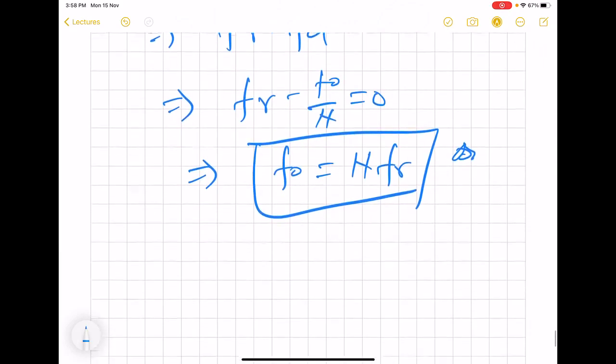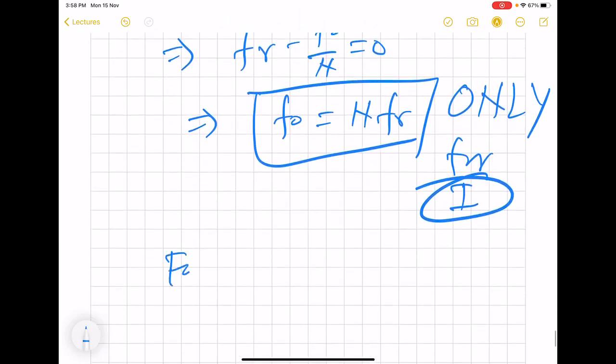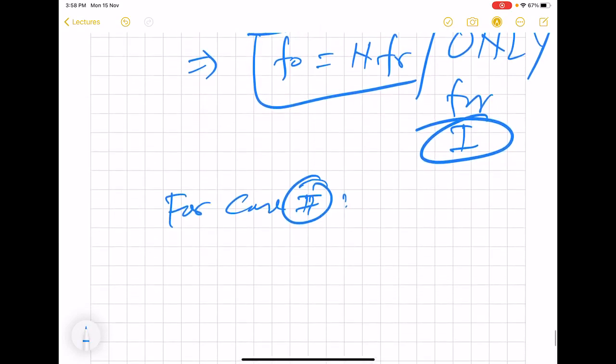Here keep in mind that this is only for case 1. For case 2, where in the previous case we had achieved our desired goal in terms of frequency relation, here it will imply that f ref minus fd is equal to k.